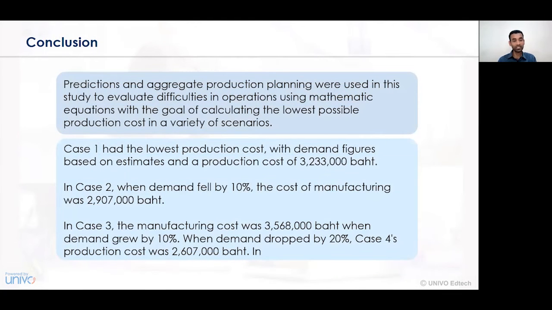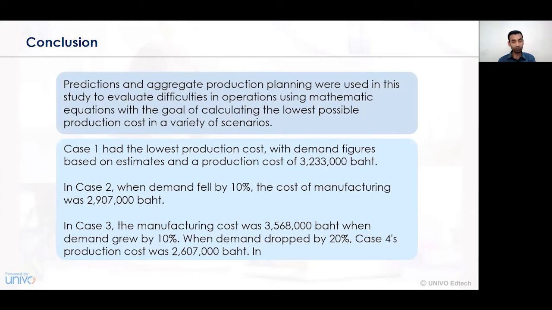Now let's see what was the conclusion or the output that was generated. Based on the predictions and aggregate production planning that was undertaken, various mathematical equations were used, and accordingly the company has come to a certain conclusion about what scenario can be implemented. The various scenarios or calculations at this stage show a certain increase or decrease in the value of a certain product.